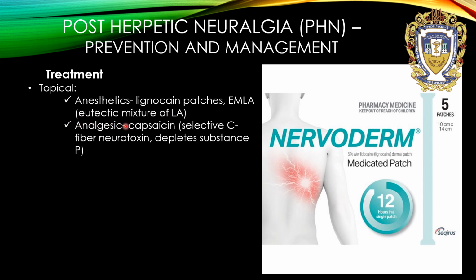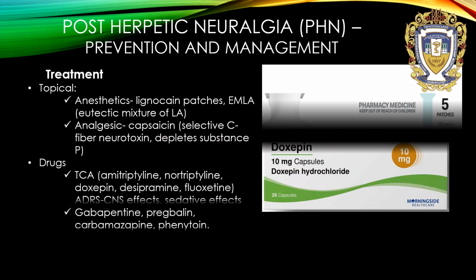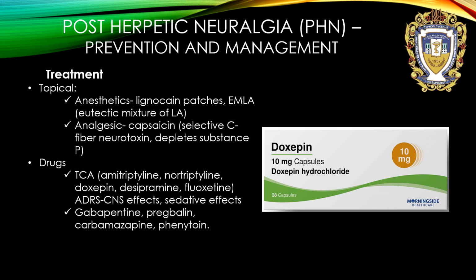Analgesic: capsaicin, a selective C-fiber neurotoxin, depletes substance P. Drugs like amitriptyline, nortriptyline, doxepin, desipramine, fluoxetine. These drugs have antidepressant, central nervous system effects and sedative effects.